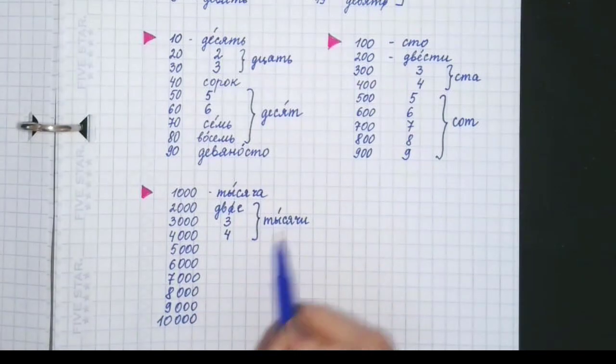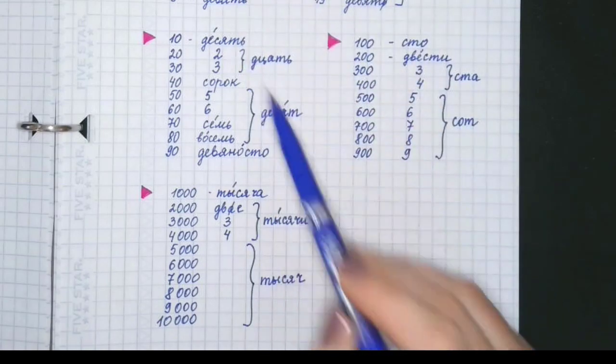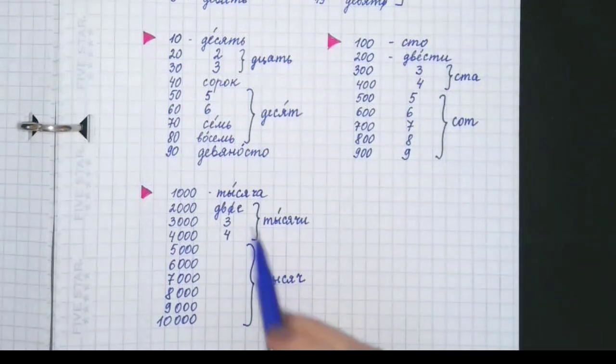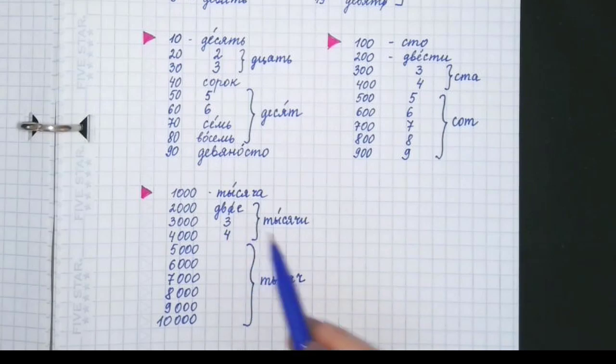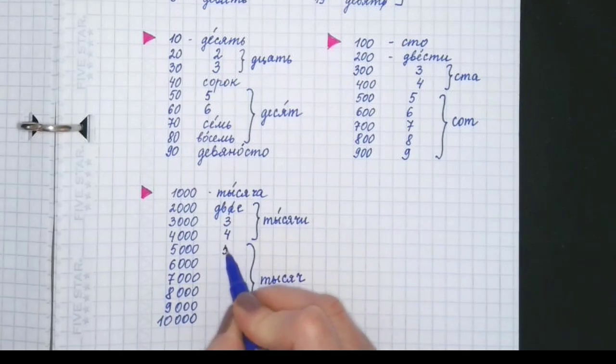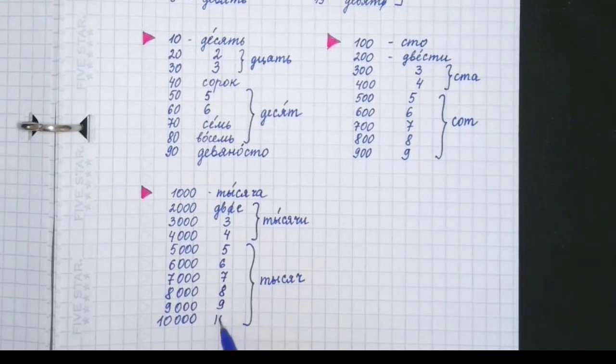I should note that while all of these words we created were like one word, here it will stay separate words. So it will be 2 space тысячи, 3 space тысячи, 4 тысячи, and so on. So here we'll have 5000, 6000, 7000, 8000, 9000, 10,000.